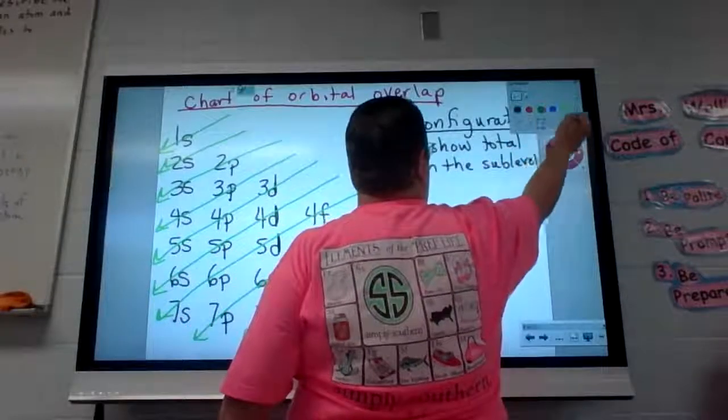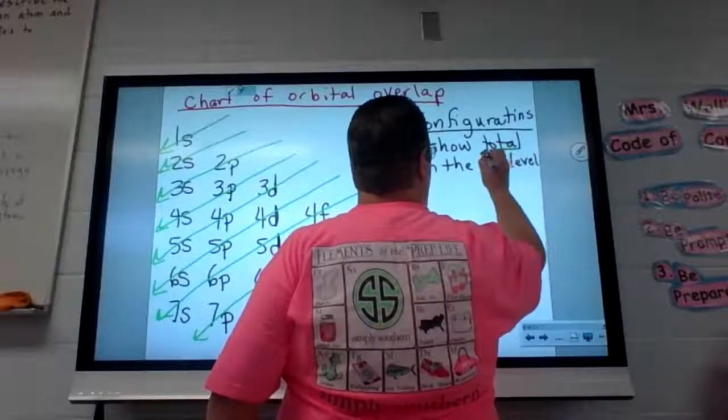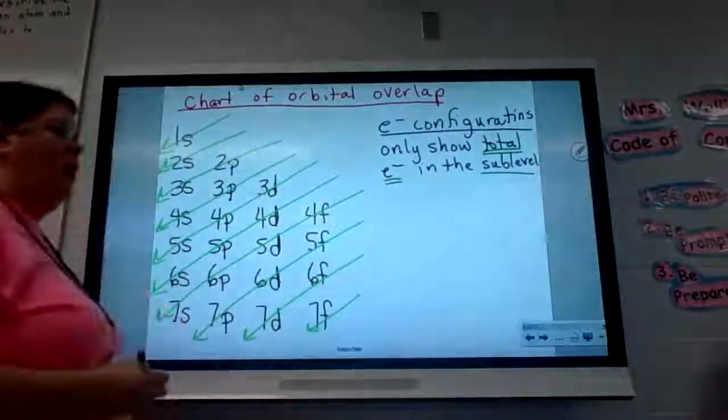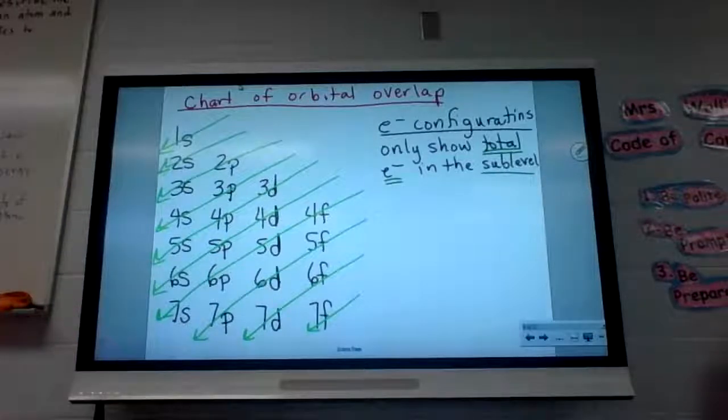The key here is total electrons in the sublevel. So we're not showing lines. We're not showing arrows. There will be no lines, no arrows. So this is a lot less work to draw electron configurations. A whole lot less work.